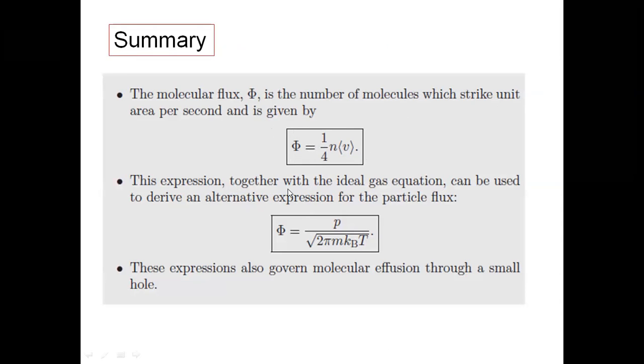This expression together with the ideal gas equation can be used to derive an alternative expression for the particle flux: phi equals the pressure over the square root of 2 pi m kB T. So these expressions also cover molecular effusion through a small hole.